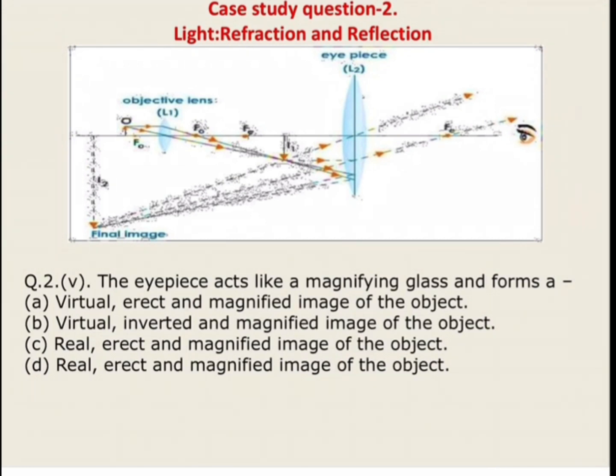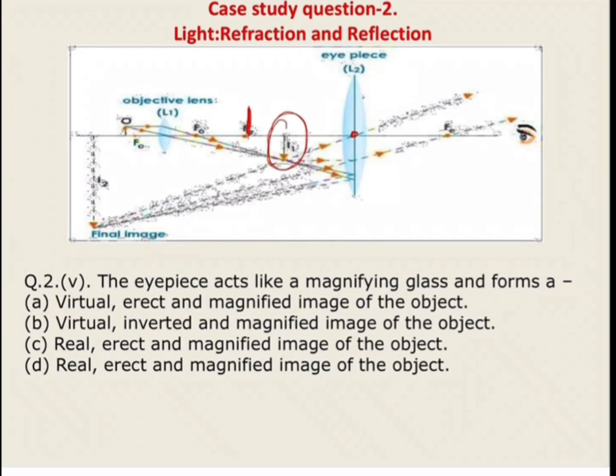Question number 5. The eyepiece acts like a magnifying glass and forms a... now here you can see this is object for eyepiece. This object is placed between optical center and principal focus. Okay, when object is placed between optical center and principal focus, then the image is formed on the same side of the object and the image will be virtual, erect and magnified.